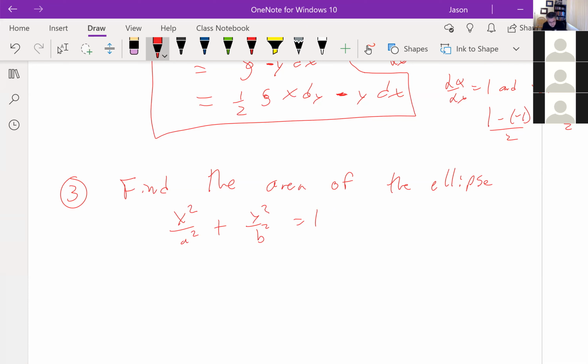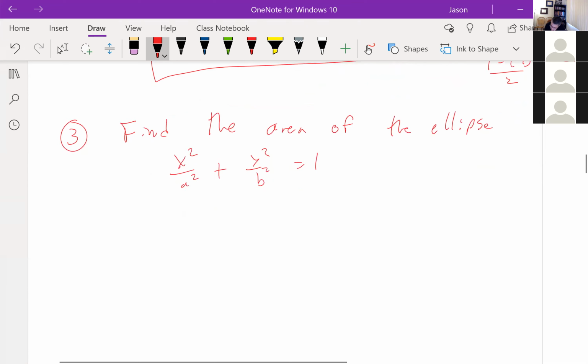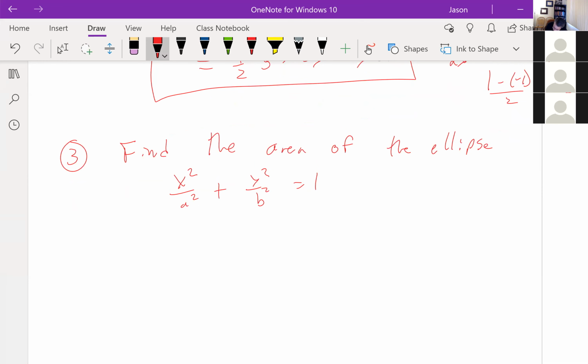Okay, so let's positively orient this thing. Let's say that we have some sort of ellipse. That was a bad ellipse.